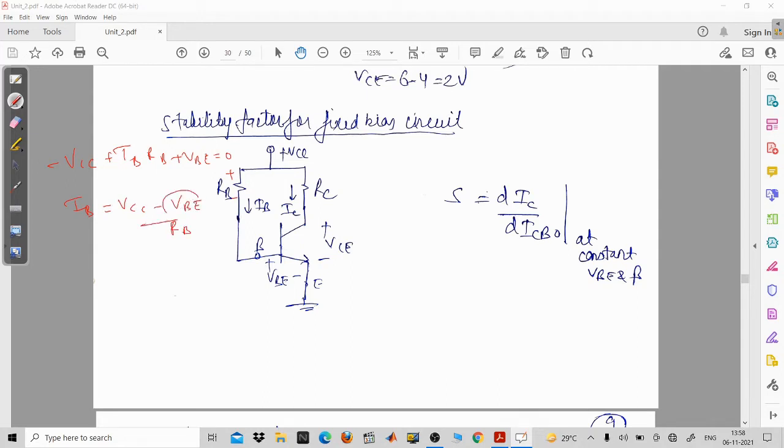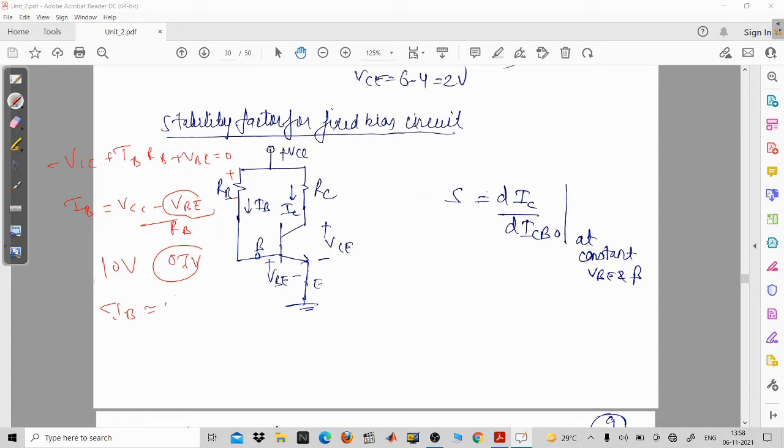Now this VBE is a very small value as compared to VCC, because you are going to apply a battery of 9 volt or 10 volt. If you compare a 10 volt value and 0.7 volt, it is negligible, and if you take a germanium transistor, then it will be 0.3 volt. So IB is a constant value.